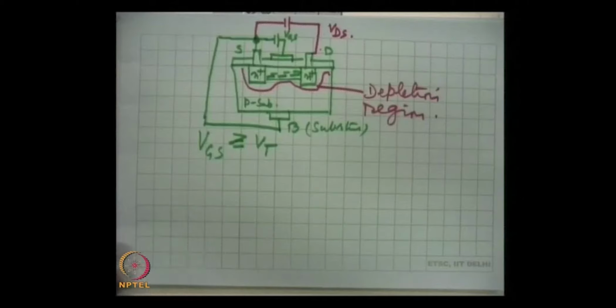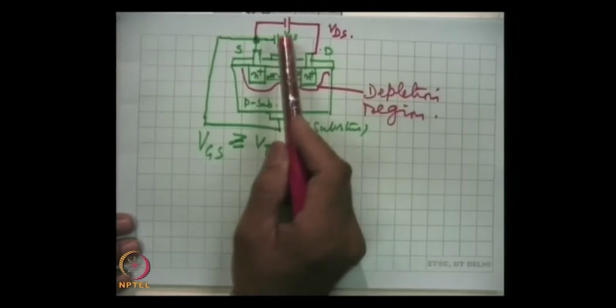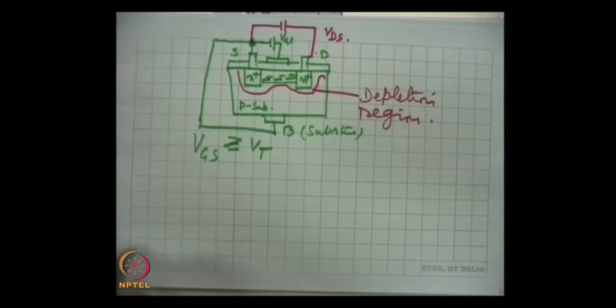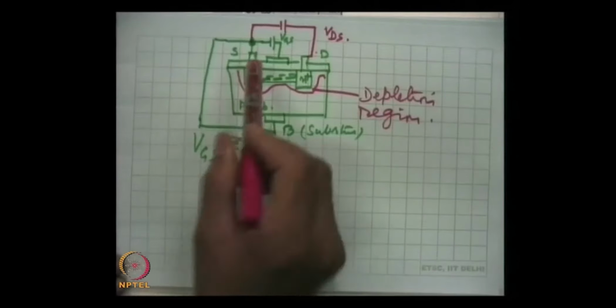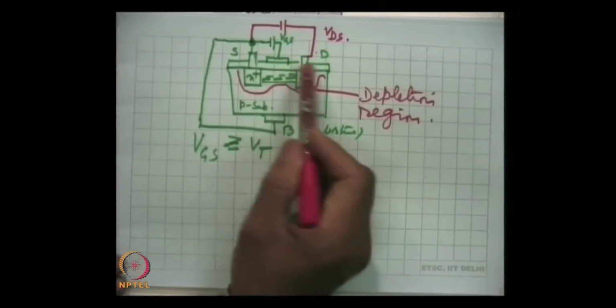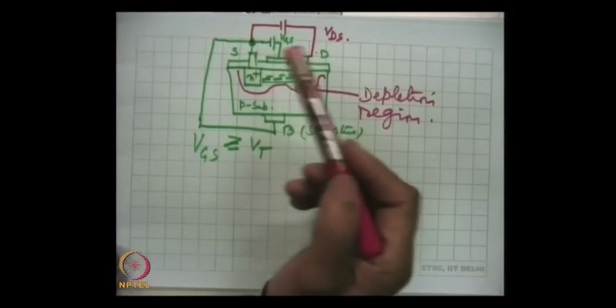So, let me say what I am saying. Once the channel is formed, let us keep VGS at a certain voltage, it has to be positive, has to be higher than Vt, and then we start from 0 drain source voltage, and then we go for 1, 2, 3, 4, 5 volts, 10 volts.